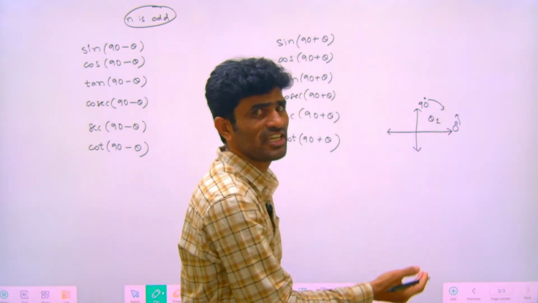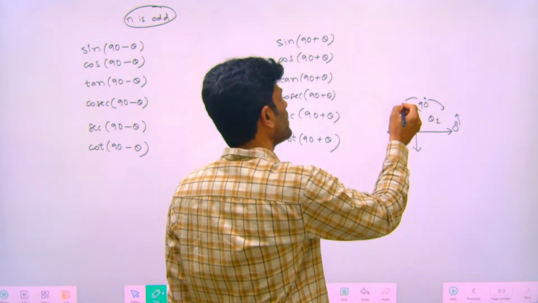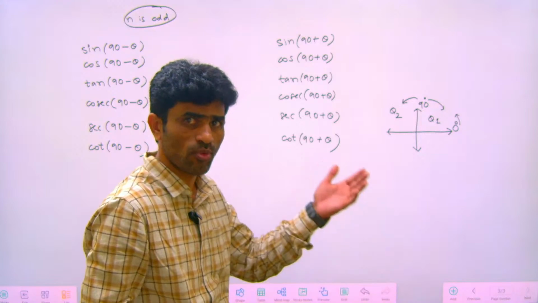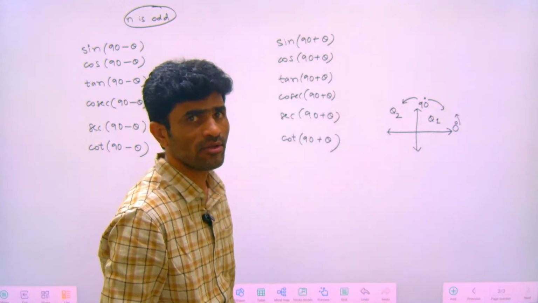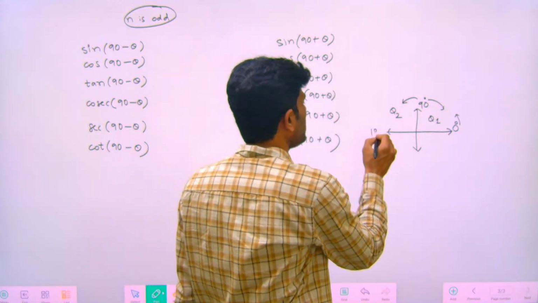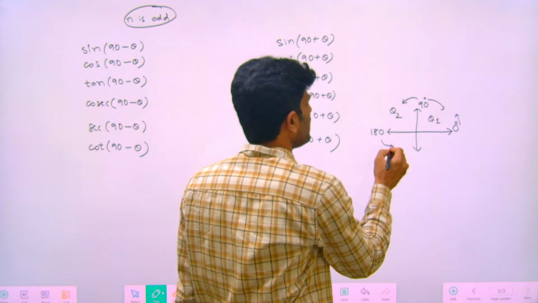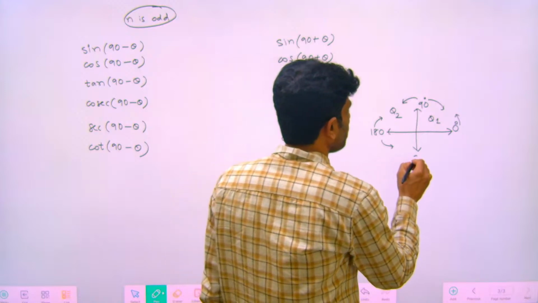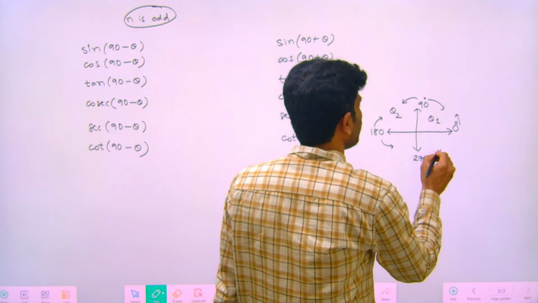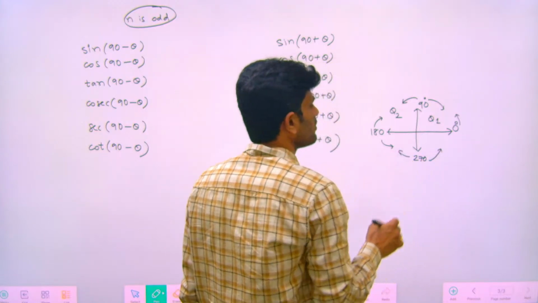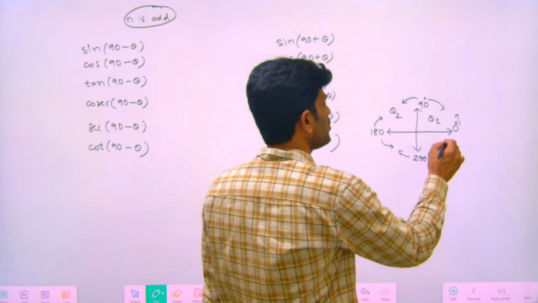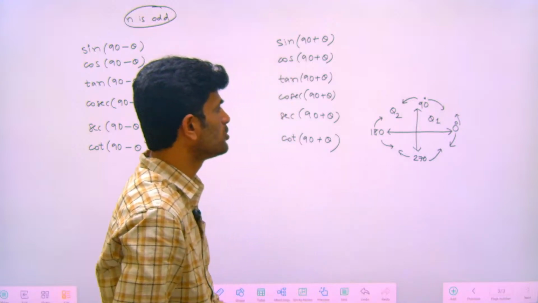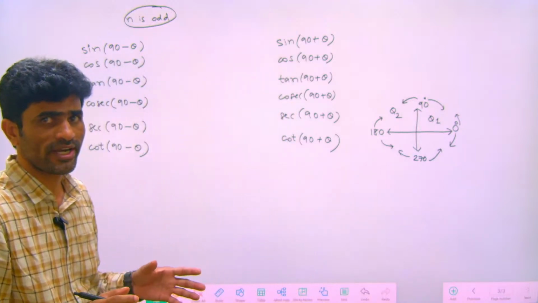If it is 90 plus, you are coming into the second quadrant. 90 plus, quadrant 2, 90 minus, quadrant 1. Similarly, 180 plus, quadrant 3, 180 minus, quadrant 2, 270 plus, quadrant 4, 270 minus, quadrant 3, 0 minus, quadrant 4, 0 plus, quadrant 1. So you have to understand which quadrant it is in.